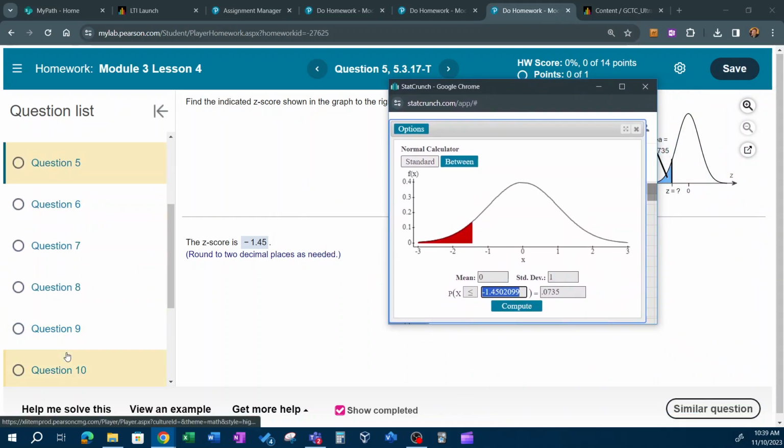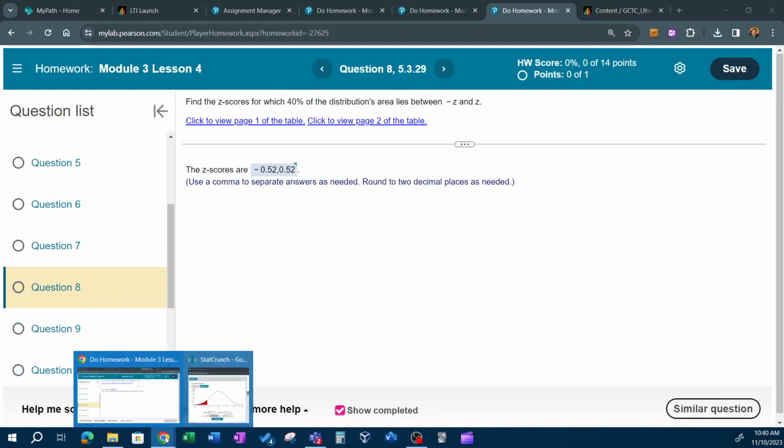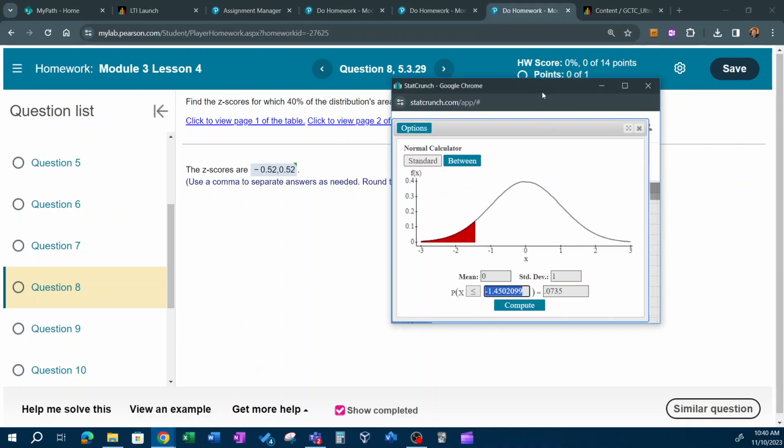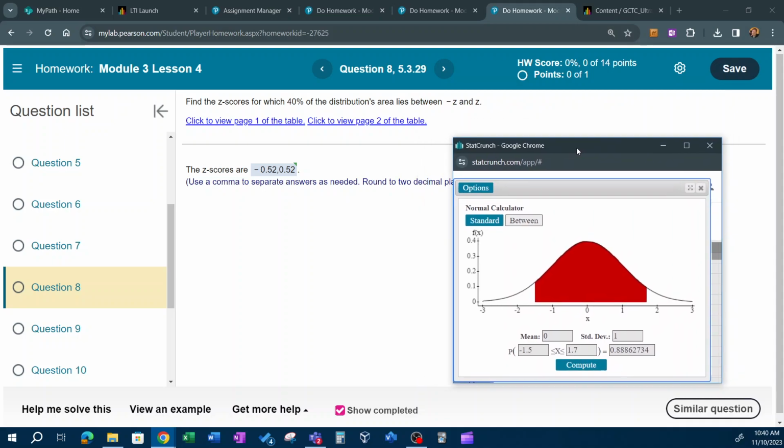Okay, let's just pick one out here. The Z-score is such that 40% of the distribution is between minus Z and Z. Here we go. Since it says Z, mean is 0, standard deviation is 1. The between means it's between here. How much of the data?